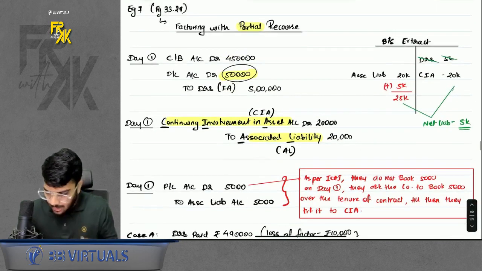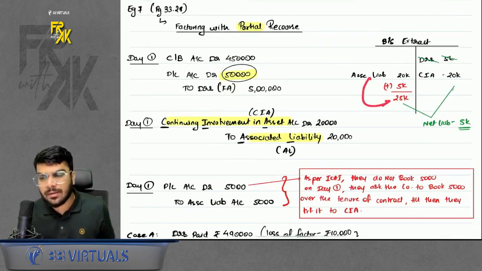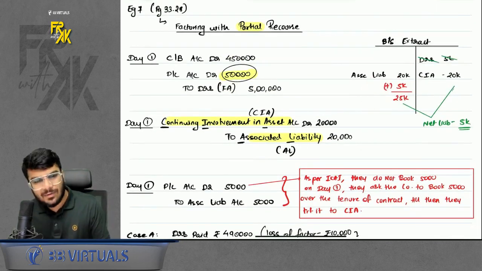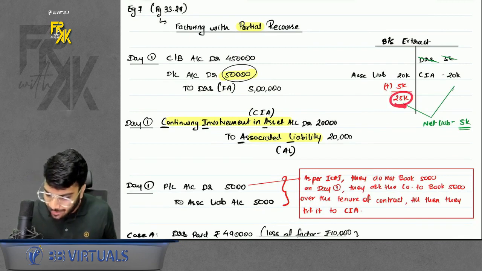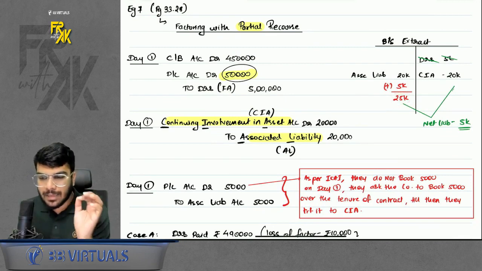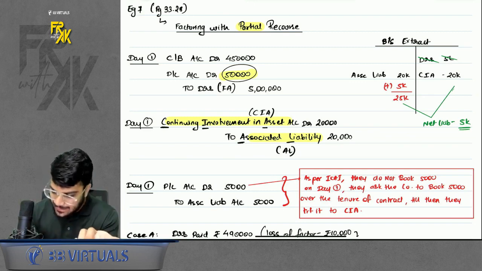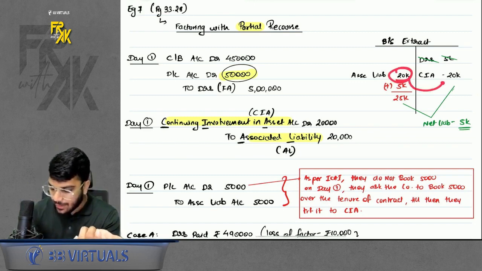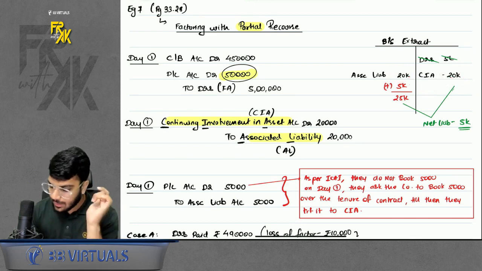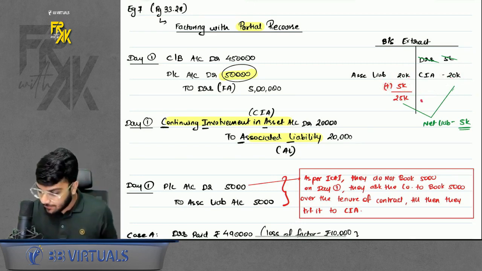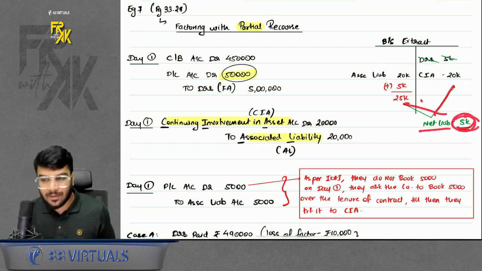Now you will say, sir, your associated liability becomes 25,000, but you retained the risk of only 5,000. Then how come you're recording 25,000? Just remember that ideally we are not recording 25,000. Against the initial 20,000, we recorded an asset also, right? Then we recorded an extra 5,000. So effectively, in net, we are recording a net liability of only 5,000.